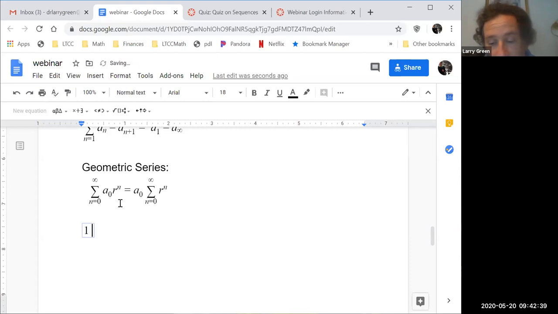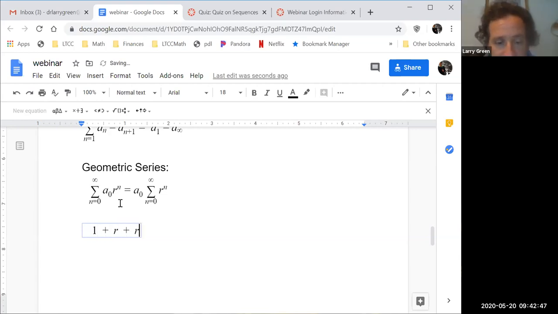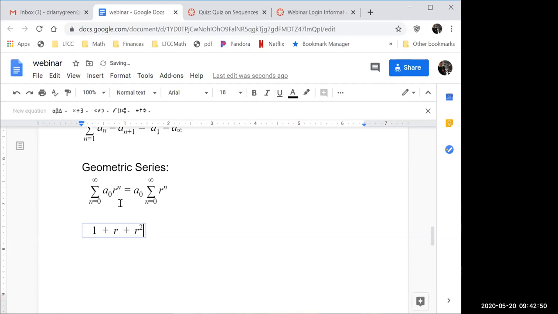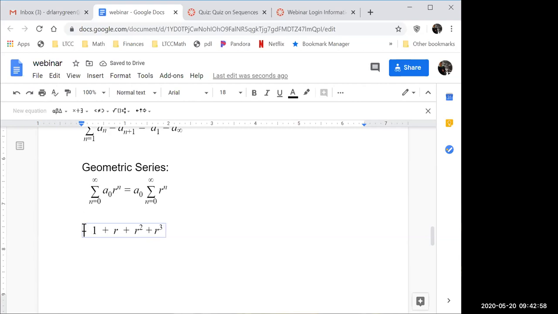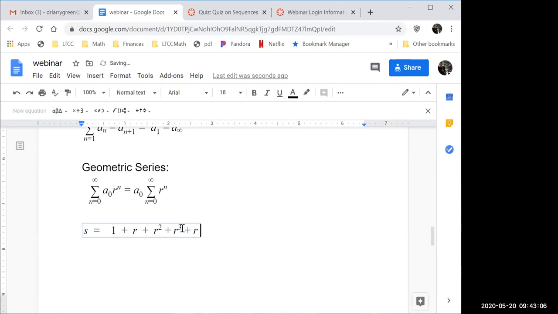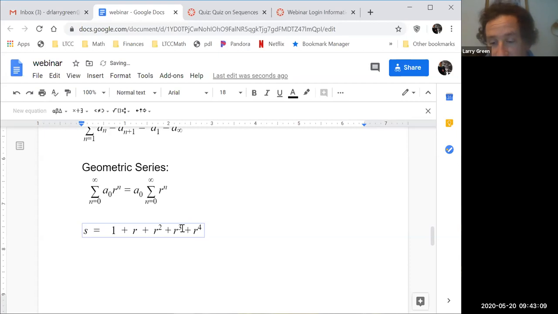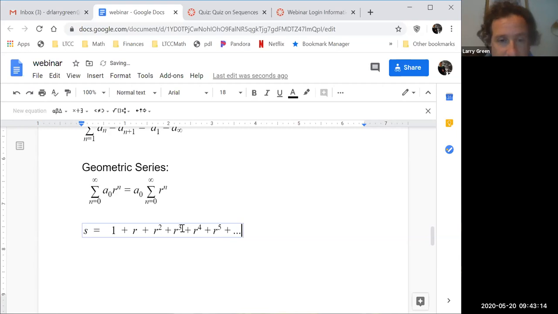Now it's going to be 1 plus R squared plus R cubed, and I'm going to write S is equal to that, plus R to the 4th, plus R to the 5th, plus dot, dot, dot. Any questions on that?